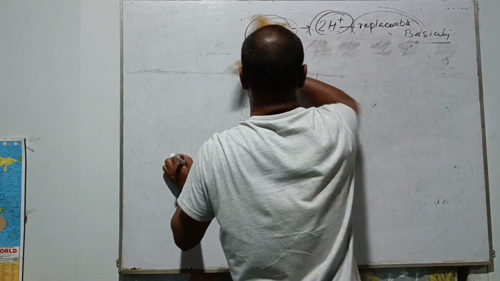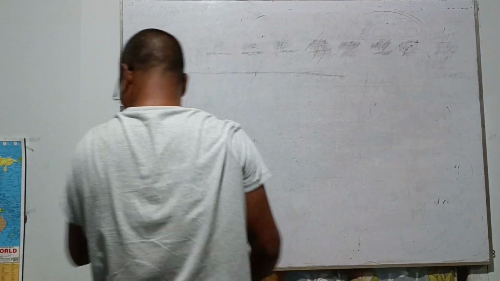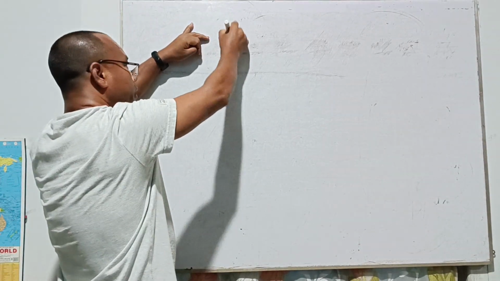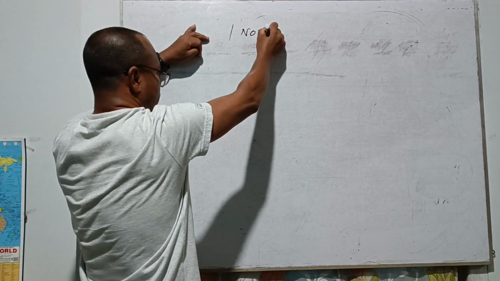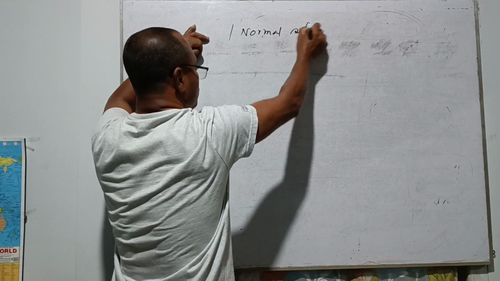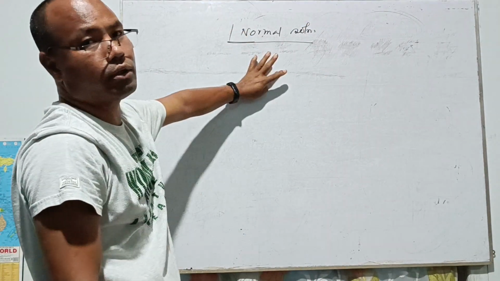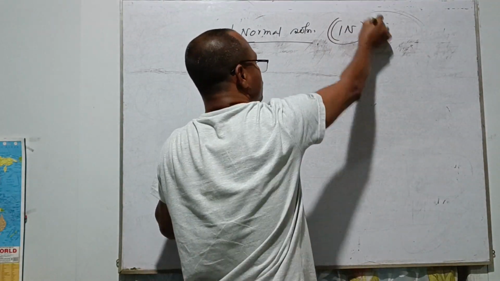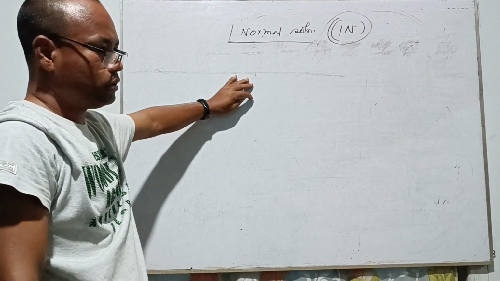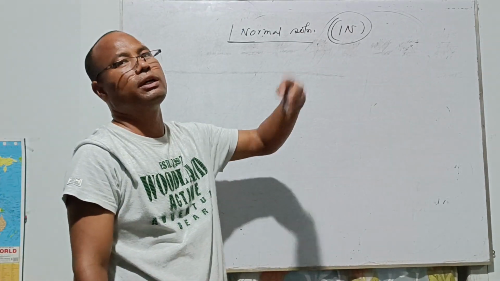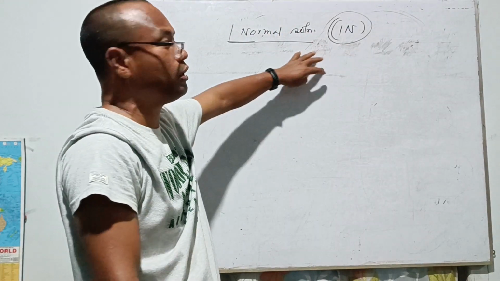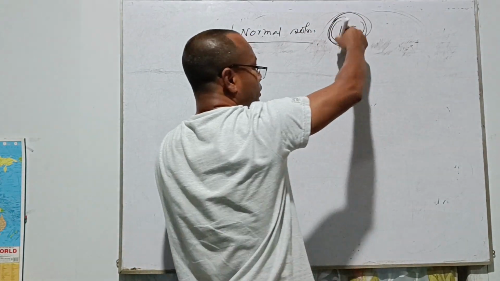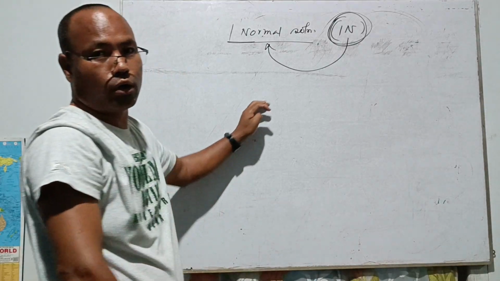Now when we talk about normality, similarly to molarity, here I write one normal solution. Sometimes we write one normal solution, but sometimes we write 1N, and some students get confused about what 1N is. In chemistry, 1N means one normal solution.